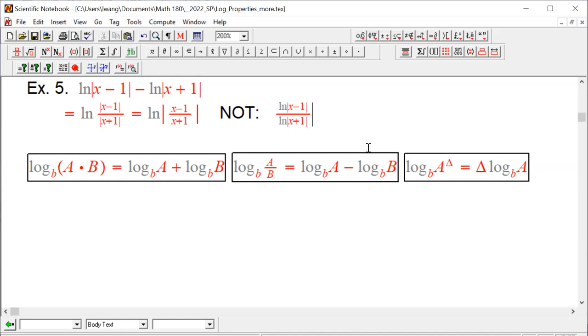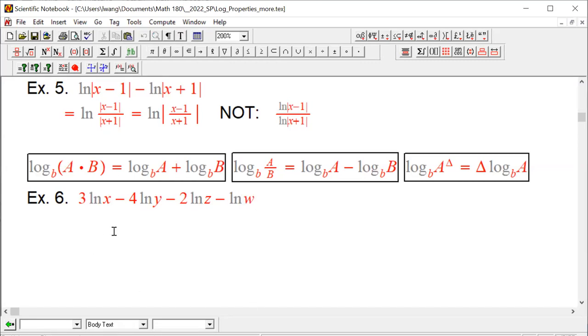Let's look at some other examples. Let's work on this one. Okay, example number 6. Okay, this one we have 3 times ln x minus 4 times ln y minus 2 times ln z minus ln w.